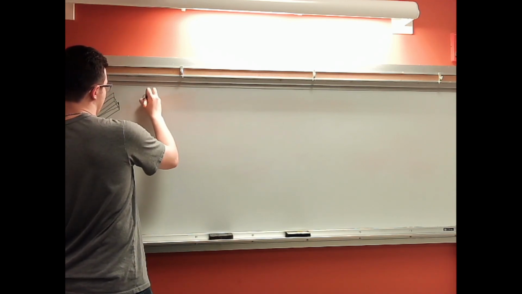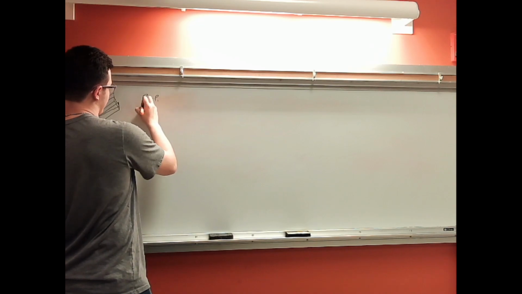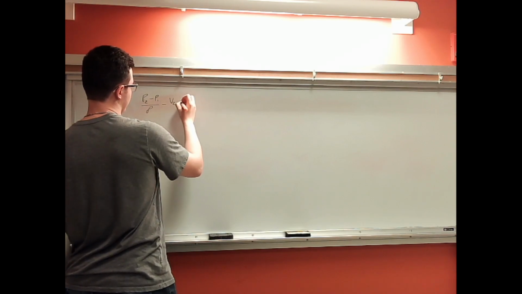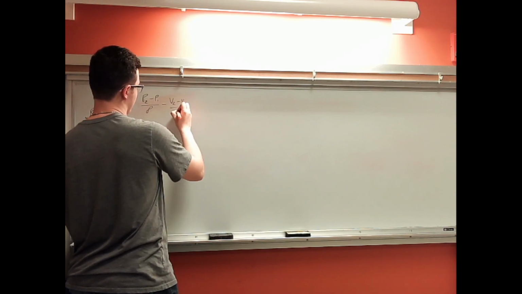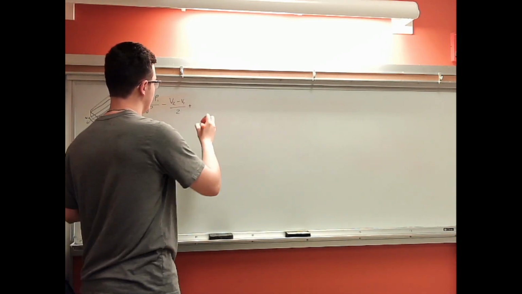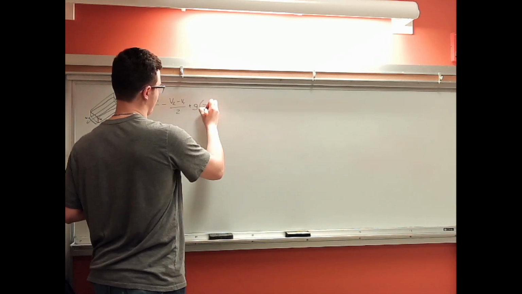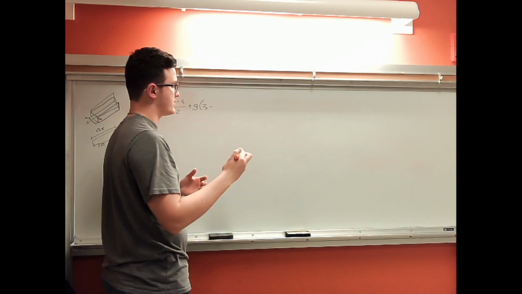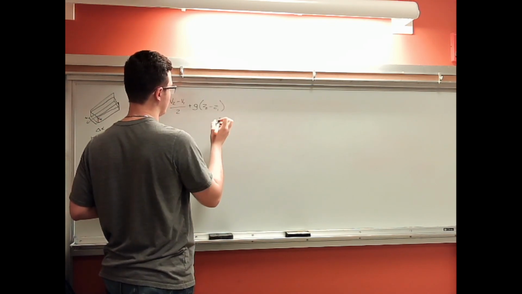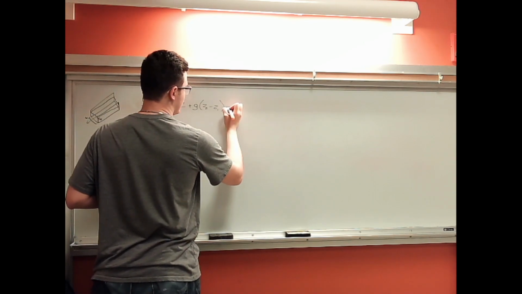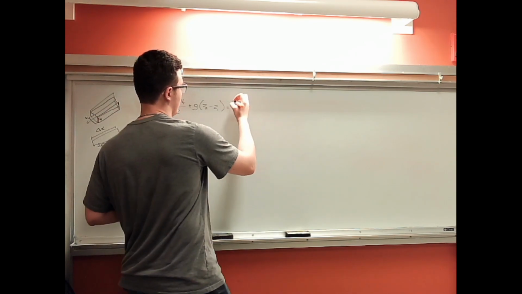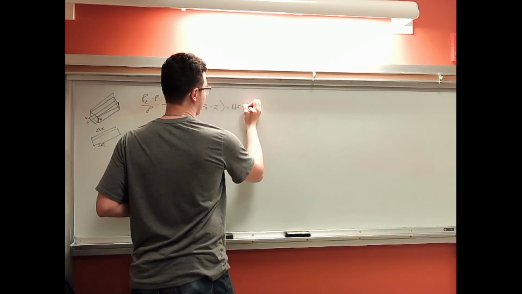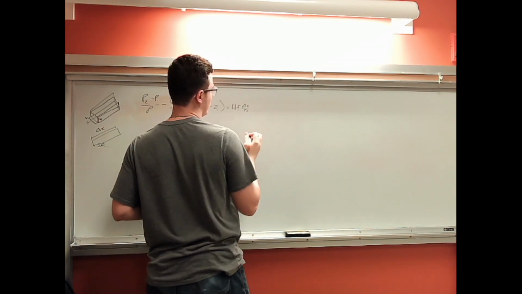So we have pressure at state 2 minus pressure at state 1 over the density, minus the velocity at state 2 minus velocity at state 1 over 2, plus gravitational constant times the change of the height, y position at state 2 minus y position at state 1, equals 4 times the Fanning friction factor times the length delta x over the diameter of the pipe.